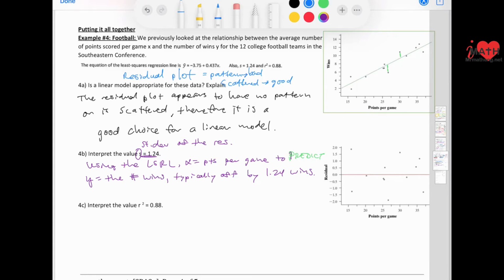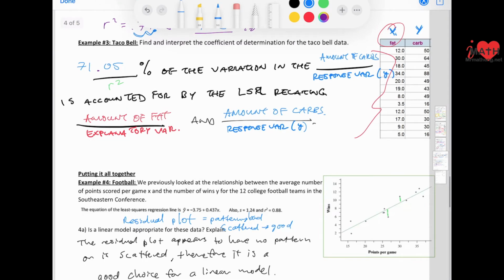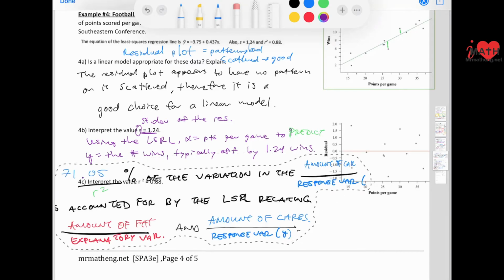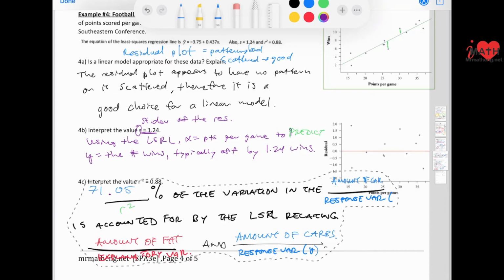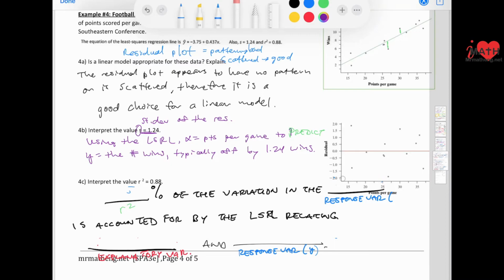R squared equals 0.88. So then you're just using that sentence frame. You can do what I'm doing or rewrite it. All right, let's use our sentence frame here. What was our R squared?